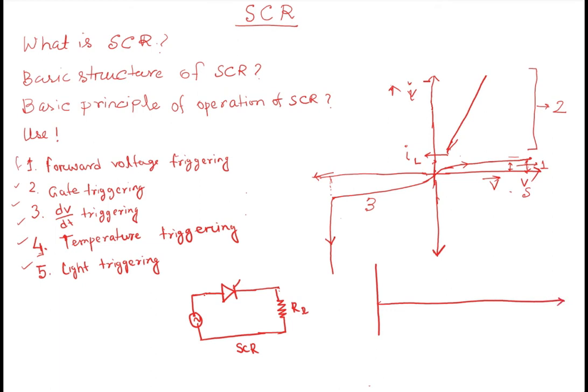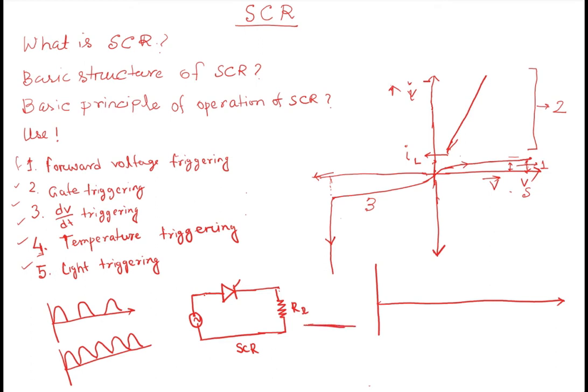First we know what normal AC to DC rectification looks like. Suppose it is a half wave rectifier, it will be like this. If it is a full wave rectifier, then the output will be like this. Input is the same.